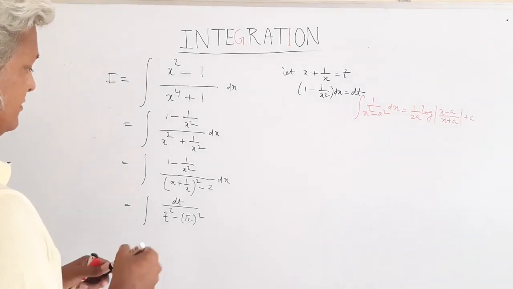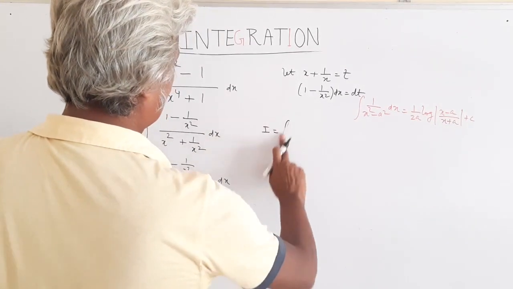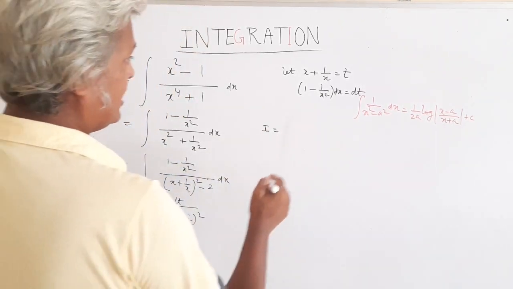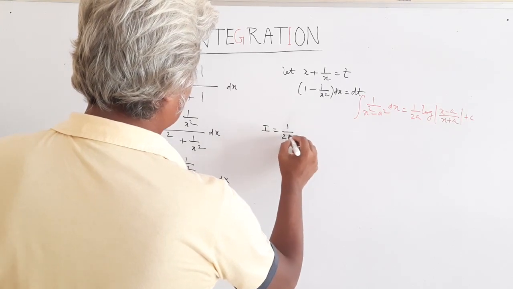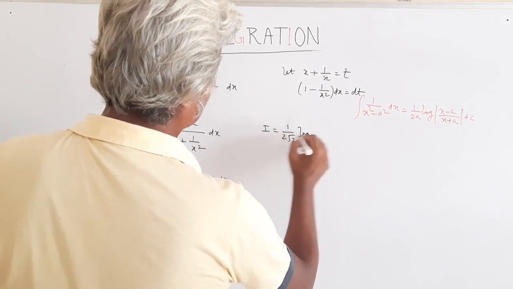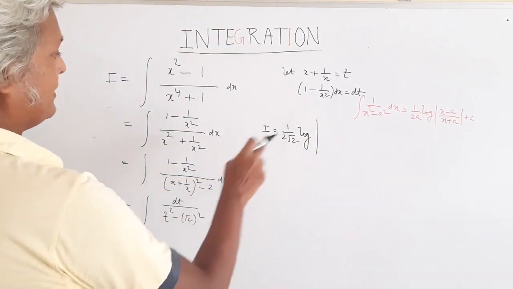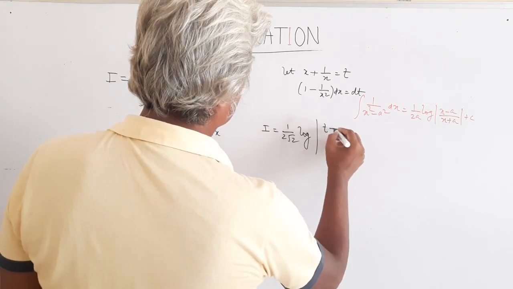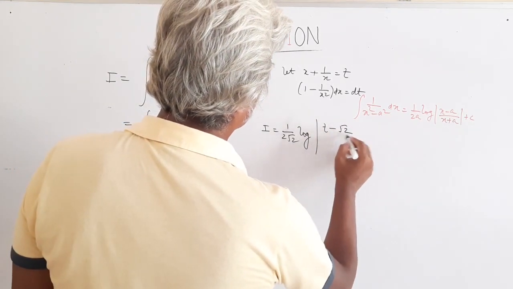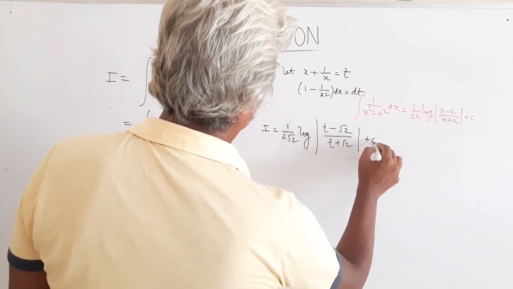So we write our integral now. Here I is, sorry, we don't need the sign of integration because we have integrated it. So it's 1 over 2a, so 1 over 2 root 2 log mod (x minus a), and in place of x we have t. So this is t minus a, that is root 2. So t minus root 2 upon t plus root 2 plus c.